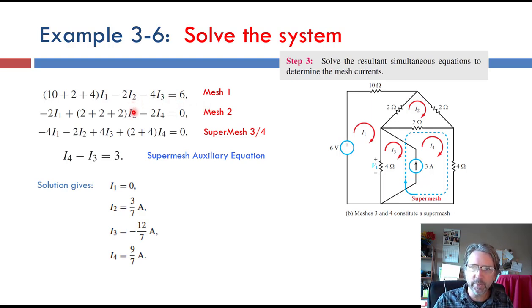So these mesh equations here, they're based on Kirchhoff's Voltage Law. So even though we see currents, the units are volts. We have a 6-volt source here, so we know that's volts. But ohms times amps, V equals IR, so that's volts, volts, and volts.